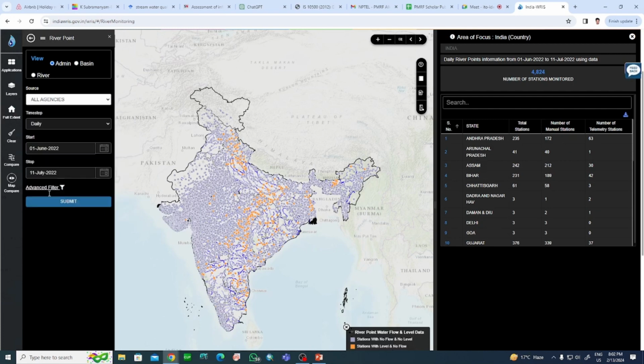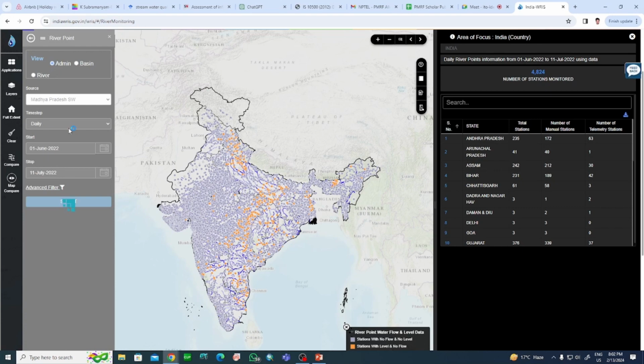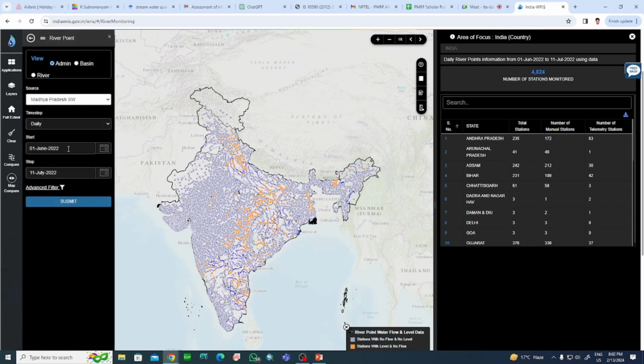If you are looking for Madhya Pradesh surface water data, they can provide it. Then you can give the daily scale and availability. I don't think the data goes very far into the past, but from maybe 2007 or 2010 up to date, you can get it easily.